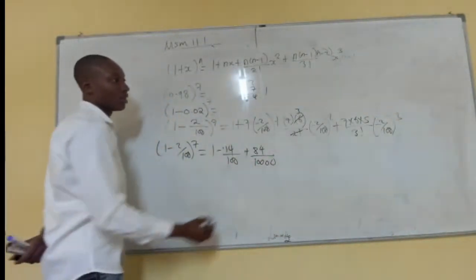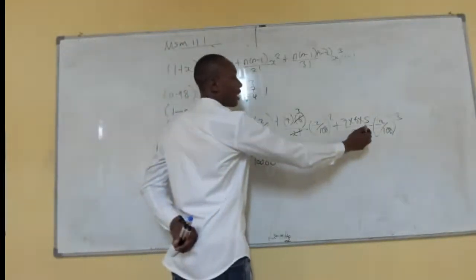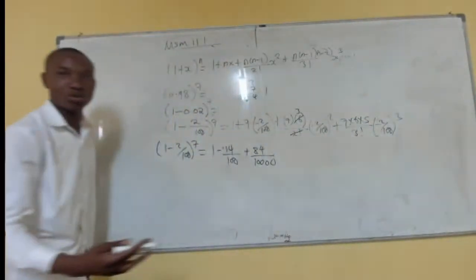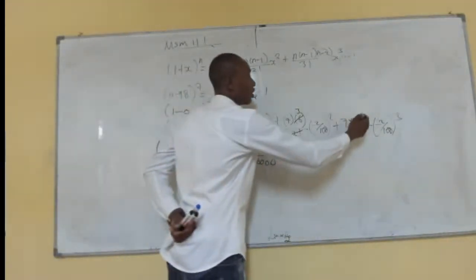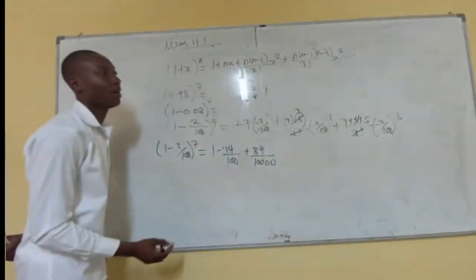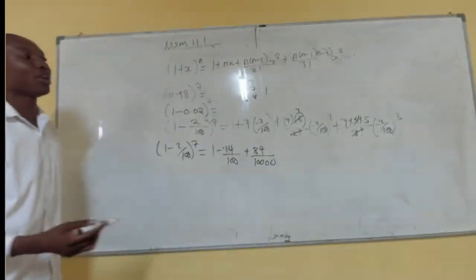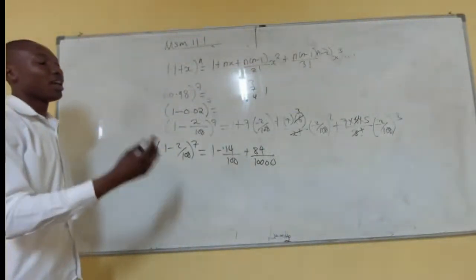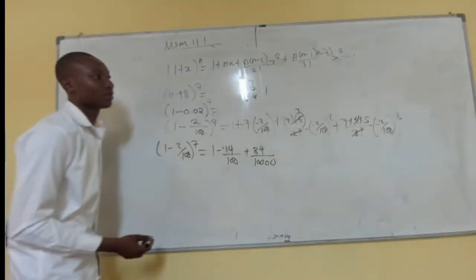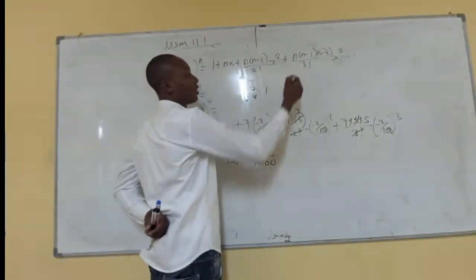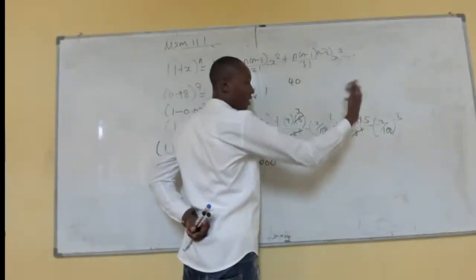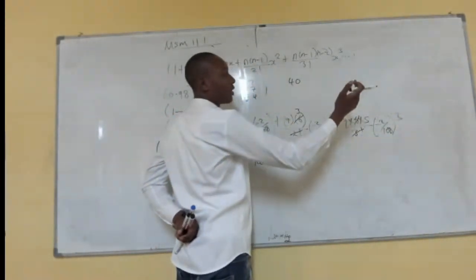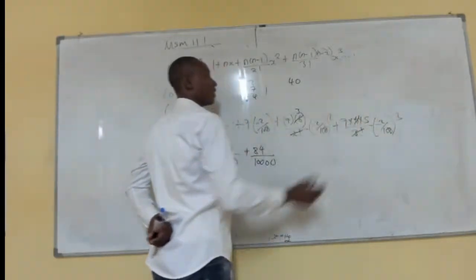Then next, we know that 3 factorial is the same as 3 times 2, 6 times 1. So it's just 6. So 6 into, this and this can cancel. Then we have 2 to the power 3 is 8. So 8 times 5 is 40, 40 times 7.